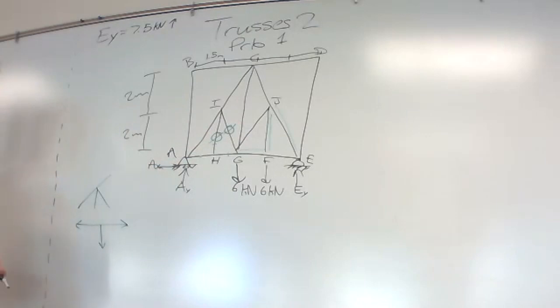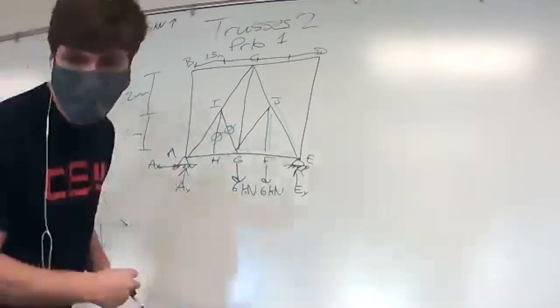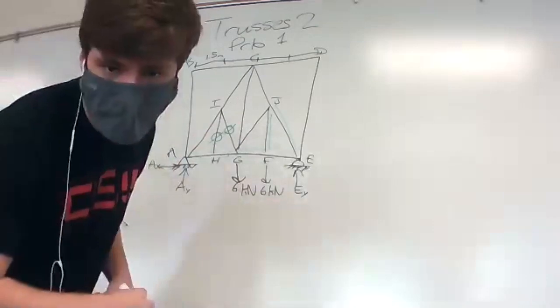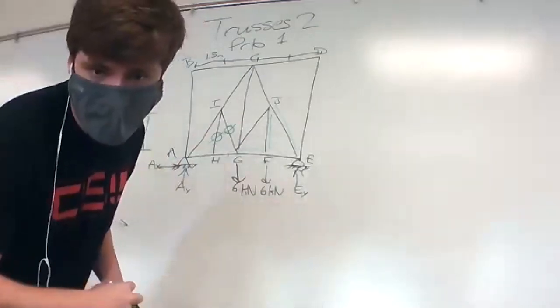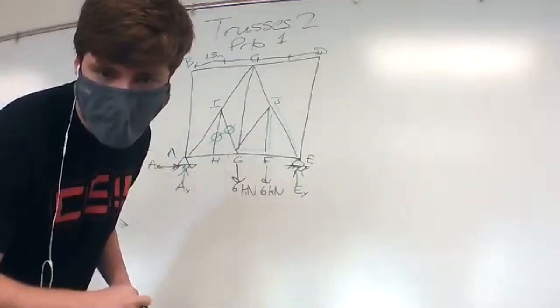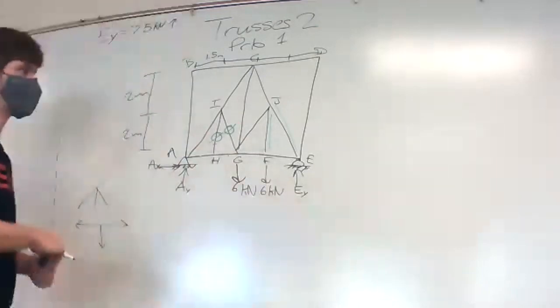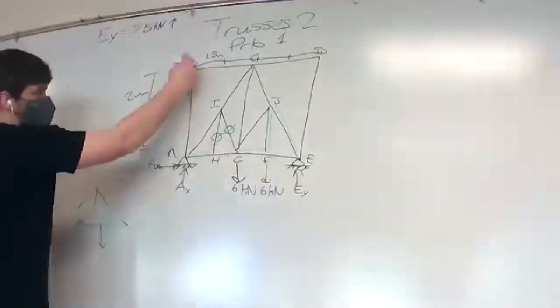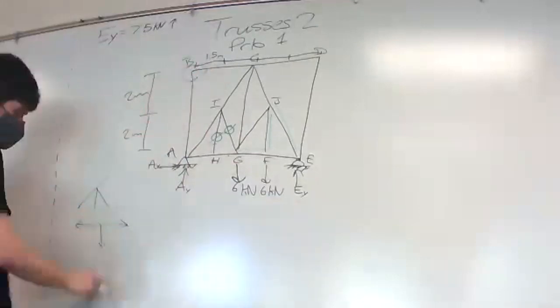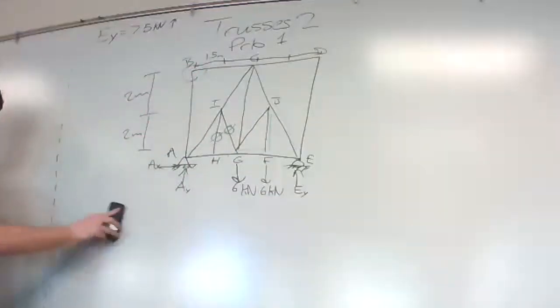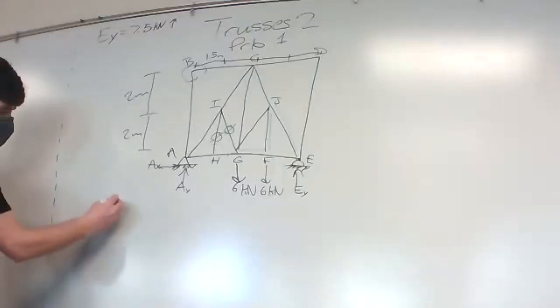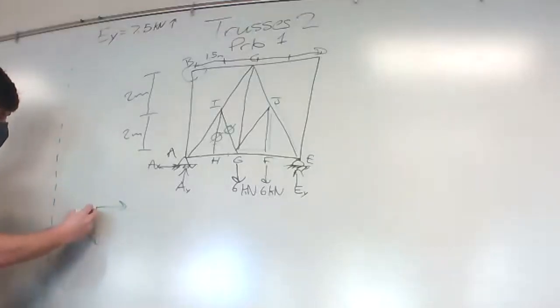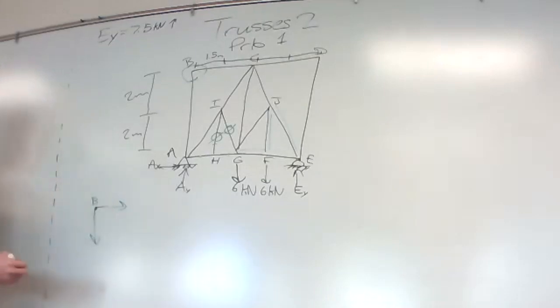Then additionally, if we go up and look at joint B, we have this kind of shape. And this is B. Here, we can see that in both the X and the Y direction, these are the only forces.